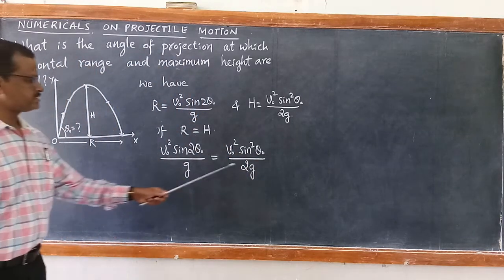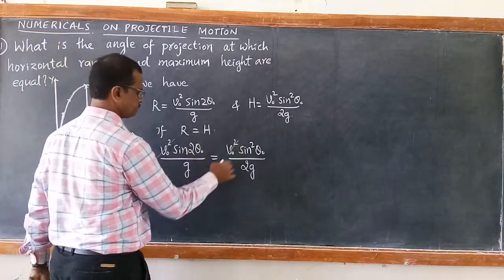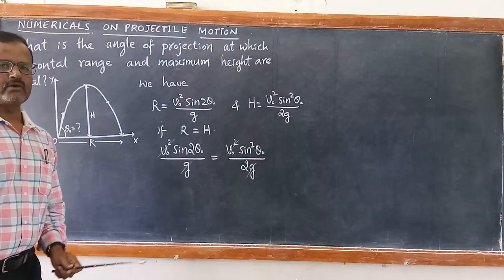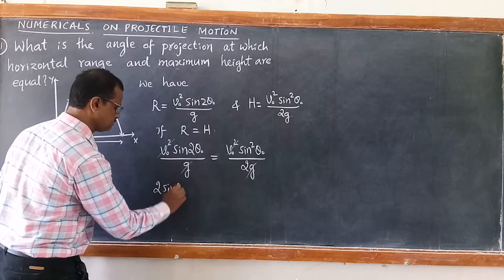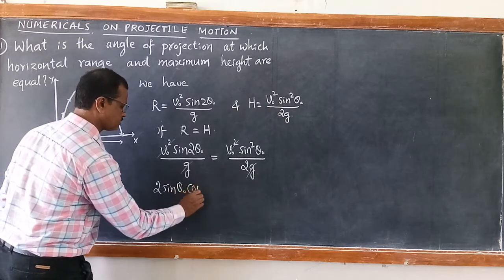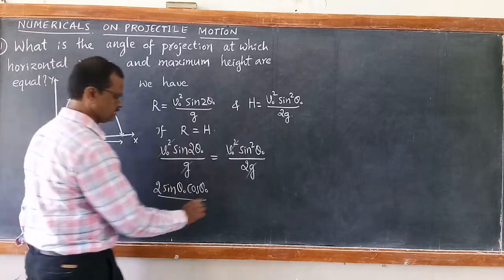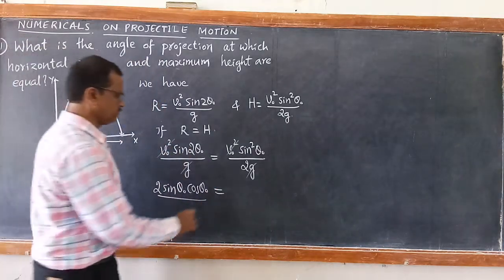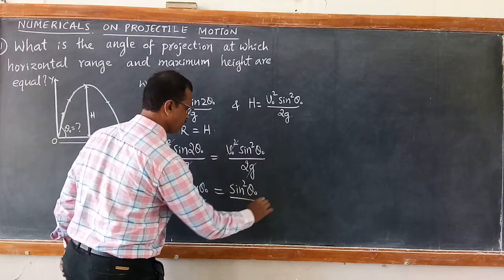So g cancels, v naught square cancels, and you can write sin 2 theta naught as earlier we have done as 2 sin theta naught cos theta naught, is equal to sin square theta naught by 2.